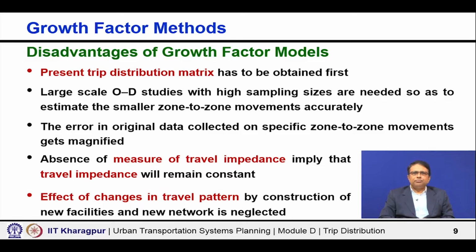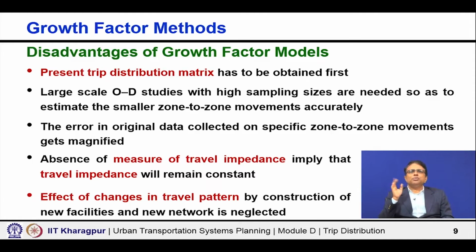Number 1, the present trip distribution matrix has to be obtained first. In every case we need to have this small Tij, that means the present trip distribution matrix must be known, because all we are doing is applying a growth factor on the present Tij, which I always referred to here as small Tij, to get the future or design year Tij value, which again I referred to here as capital Tij.